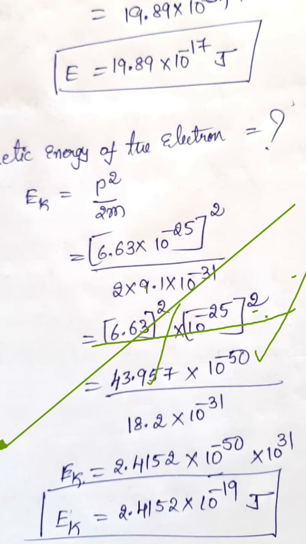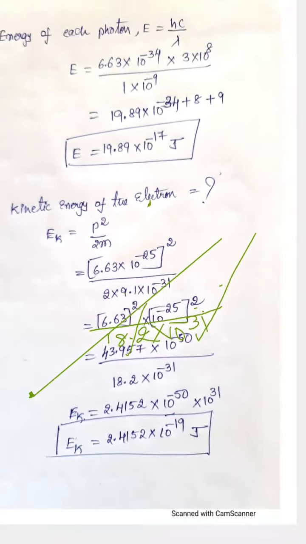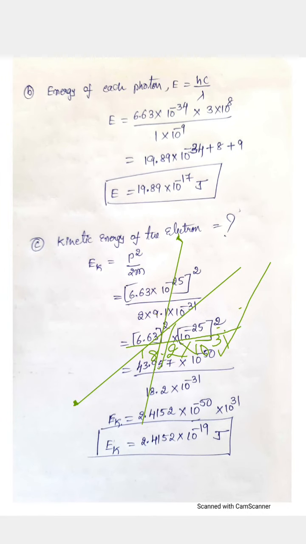Yes, all of you make that point: 18.2 into 10 to the power minus 31. Next, 43.957 divided by 18.2.